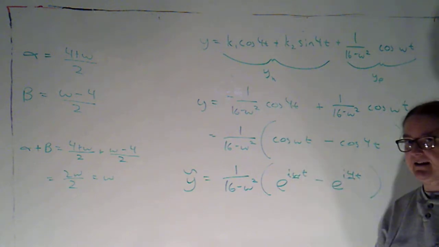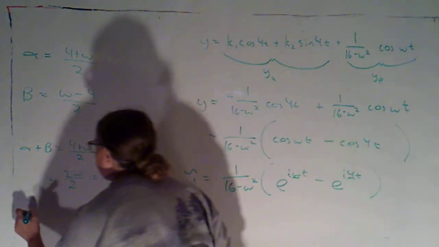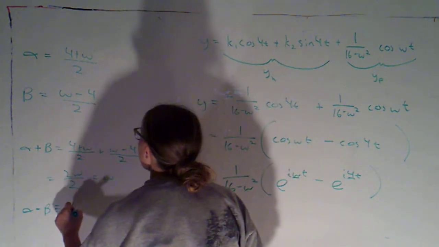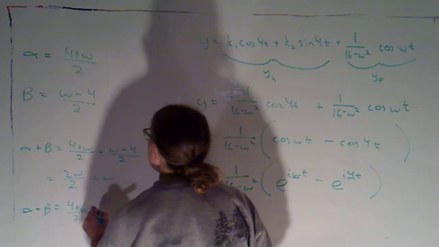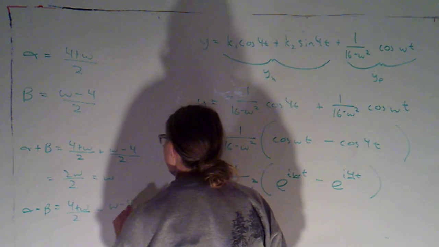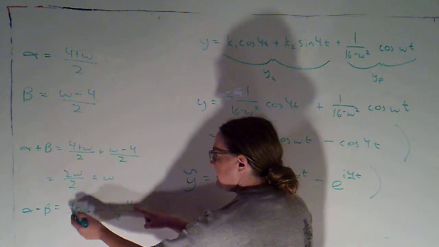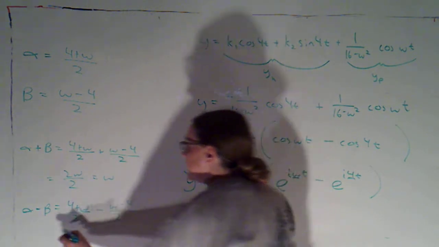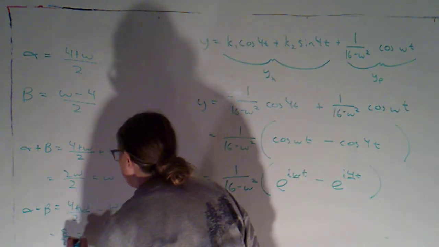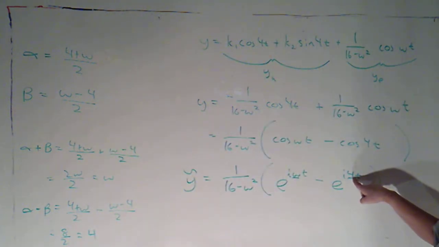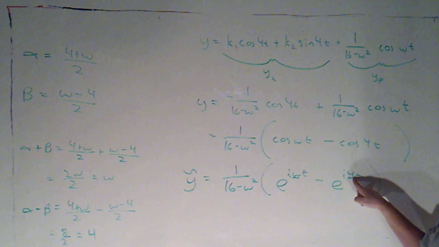This is very exciting. If I take a look at alpha minus beta, that's going to be 4 plus omega over 2 minus omega minus 4 over 2. Now when I distribute the negative, that becomes plus 4, so that becomes 8 over 2, which is just 4. So I could rewrite this 4 as alpha minus beta.